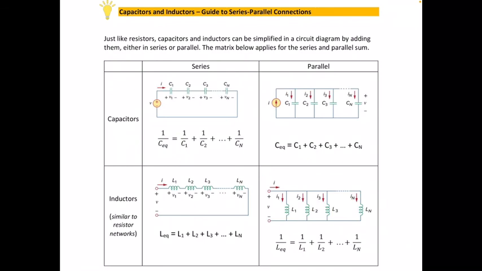But when we move to capacitors, they are in reverse. So capacitors connected in series will be added in a form of parallel sum, while for capacitors arranged in parallel, they will be algebraically added, like a plain addition of all the capacitor values.